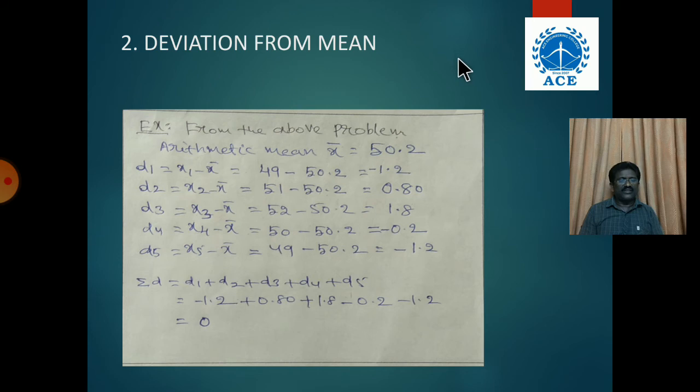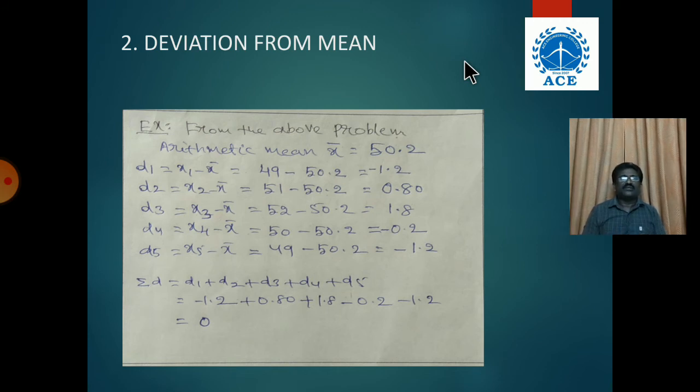We already know the arithmetic mean x bar is equal to 50.2, from the previous problem. Now the first deviation d1 is equal to x1 minus x bar, that is 49 minus 50.2, so we get the deviation equal to minus 1.2.